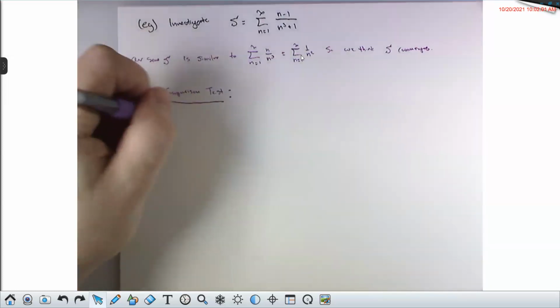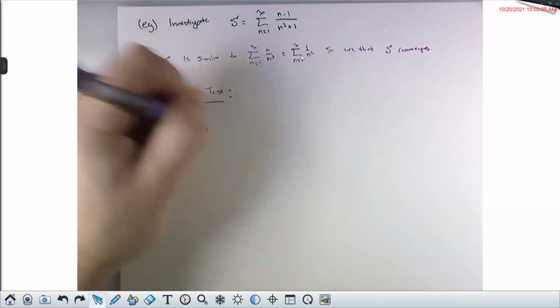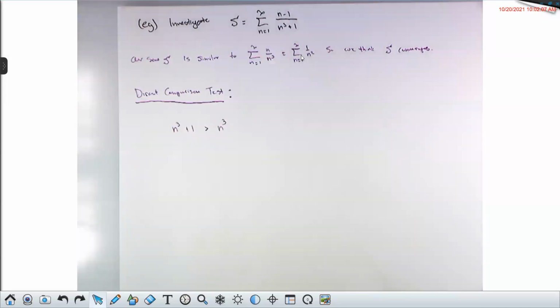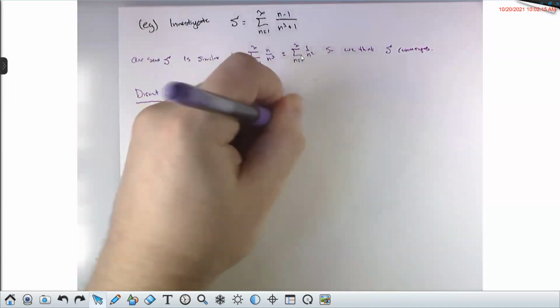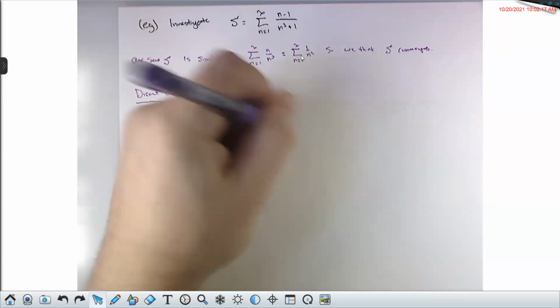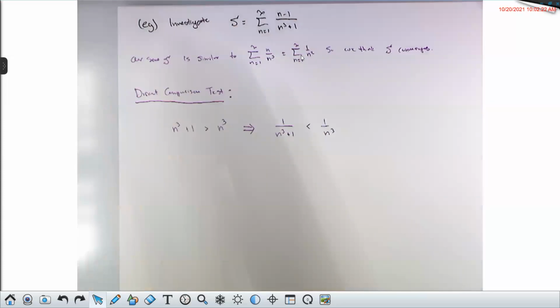First, n cubed plus 1 is definitely greater than n cubed, right? And that means that 1 over n cubed plus 1 is smaller than 1 over n cubed.